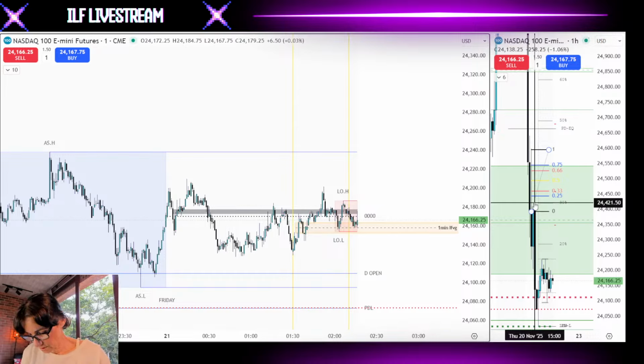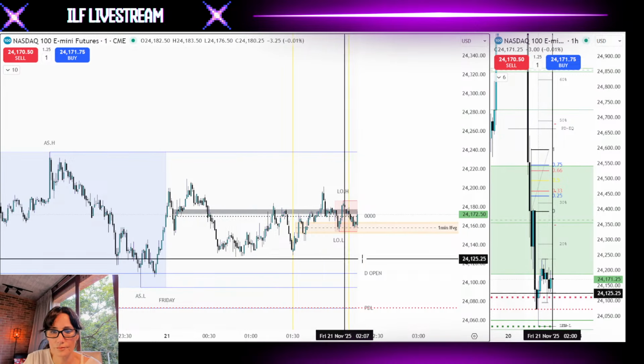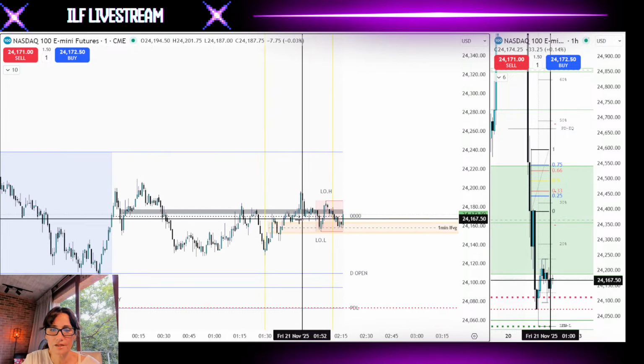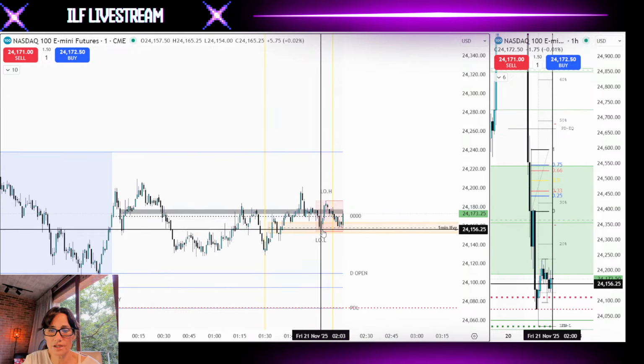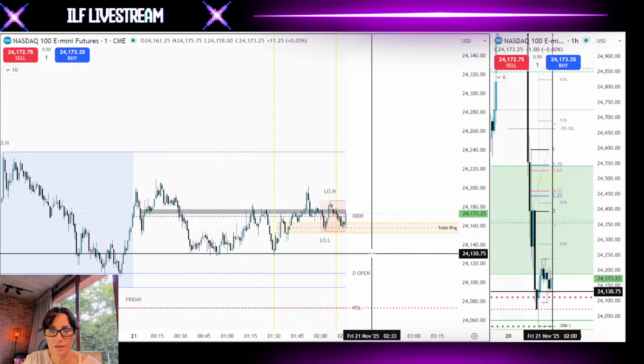Just want to see what I can see in my notes. 230, 24. Now this inversion is doing its job properly, right? So it looks like we might be going up.